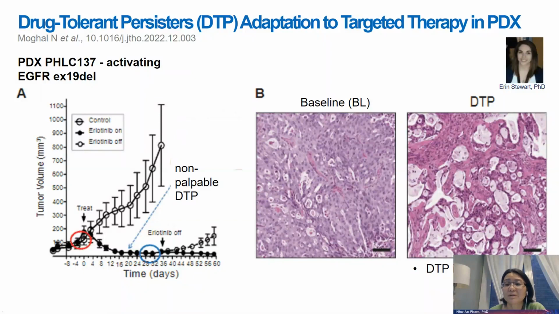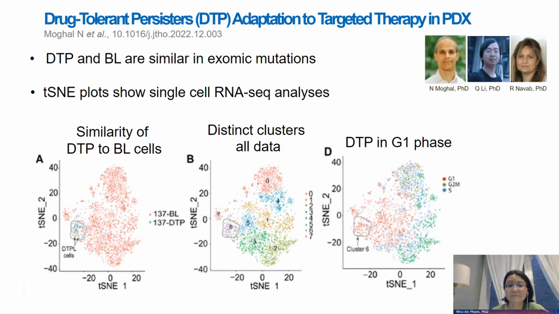So Erin, our former graduate student, did some histology and realized that in the drug-tolerant persister phase, this is a stromal-rich environment. And she further investigated to take samples at different time points during this phase to do single-cell RNA sequencing.